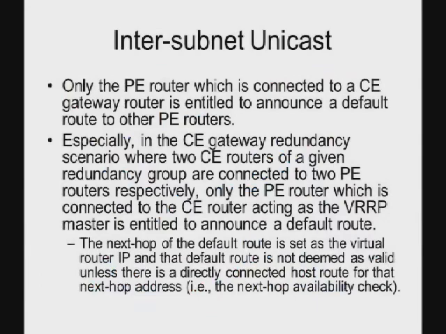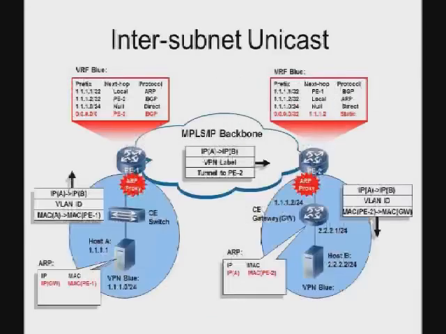Here, if two C routers, for example, are connected to two P routers, respectively, for gateway redundancy purposes, only the P router which can connect to the WebP master will be allowed to advertise a default route.